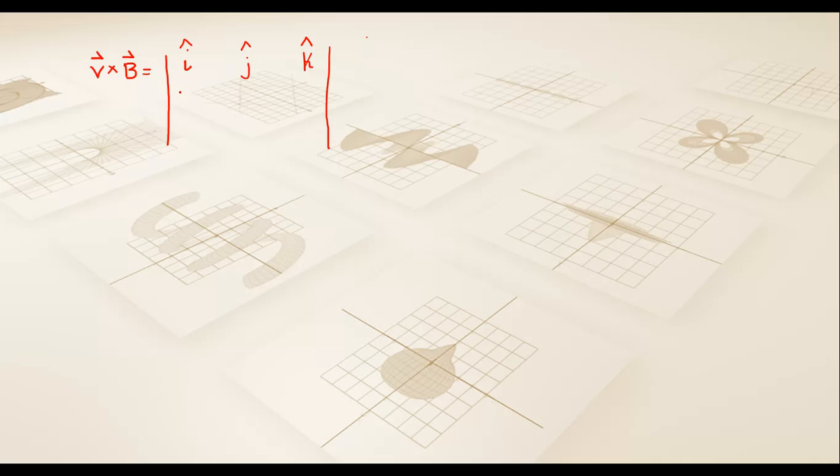The x component of the velocity vector is -2 times 10 to the power of 7. The y component of the velocity vector is 3 times 10 to the 7. There is no z component for that vector. And then the third row: the x component of the magnetic field is 0, the y component of the magnetic field is 0, and the z component of the magnetic field, oh sorry, other way around.